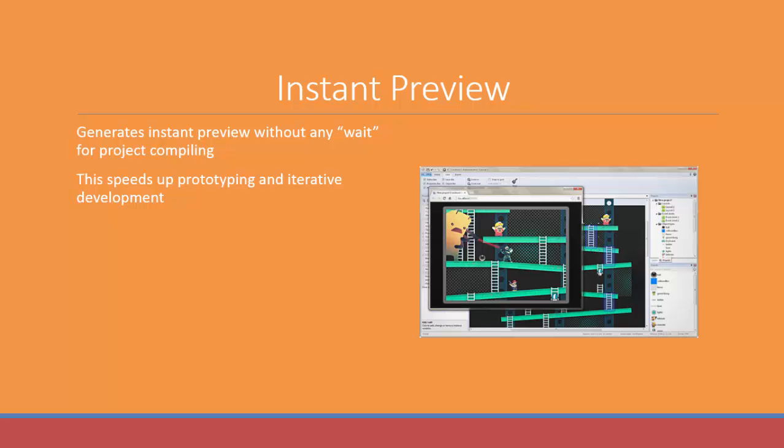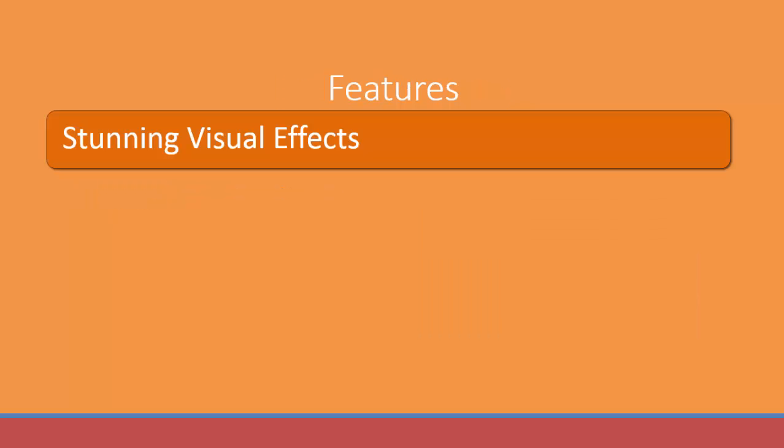It might be something very simple, that one button click which leads you from one layout to another layout, to something very big. However, it's a very important feature because it speeds up prototyping and iterating game development.